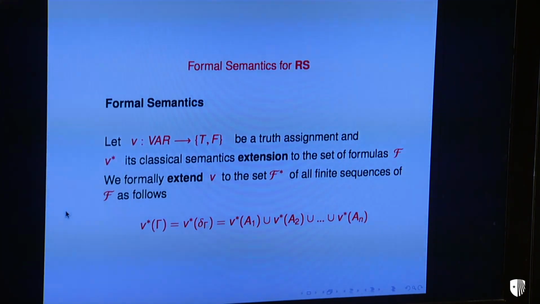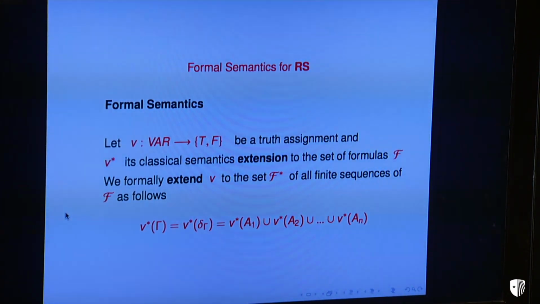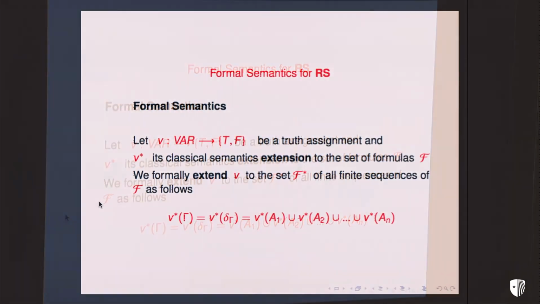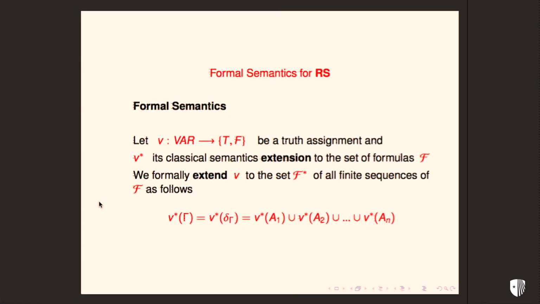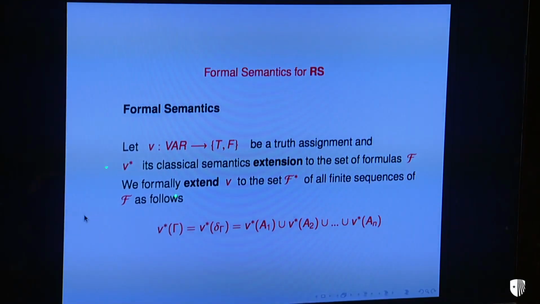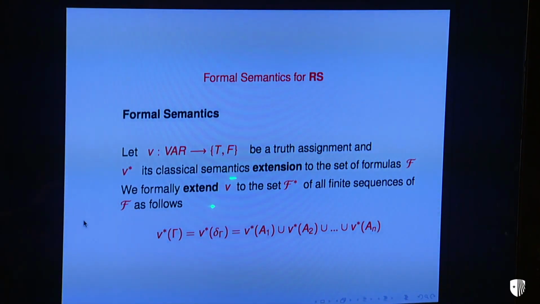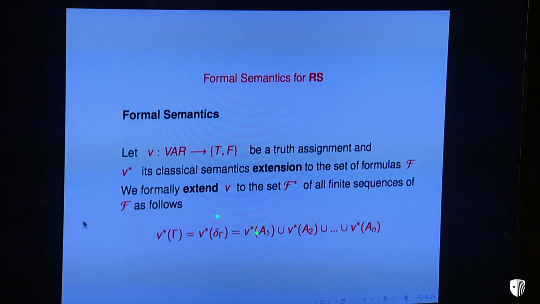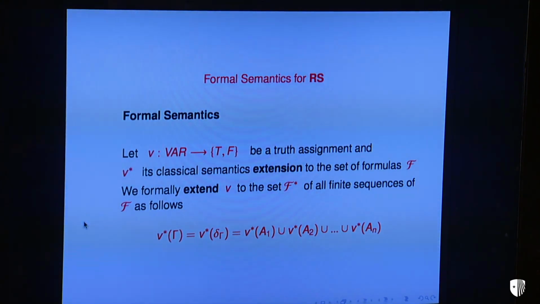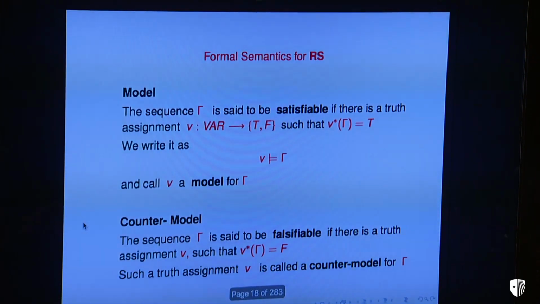Formally, if you have a truth assignment v on variables, v star is the classical semantic extension to the set of formulas, and now we extend v star to the set of all finite sequences, and we put v star of gamma to be v star of the disjunction of all formulas of gamma. So it is a nice formal simple definition.